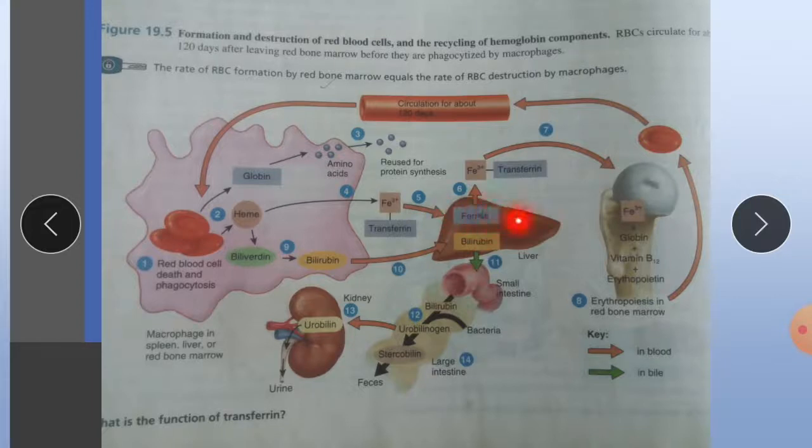It will detach from the transferrin and attach to ferritin. Ferritin is the storage form of iron, and this iron will be stored in our liver.